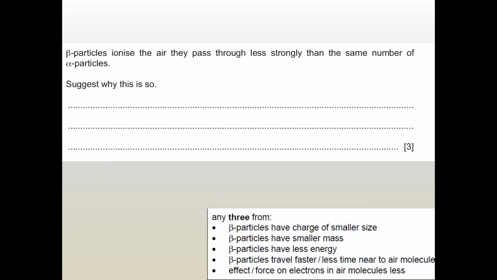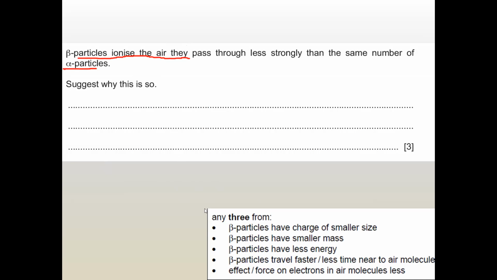So when a beta particle ionizes the air it passes through less strongly than the same number of alpha particles. Suggest why this is so. So basically they're asking why beta can cause less ionization than alpha. What is the reason for that? You can compare their masses and charge.